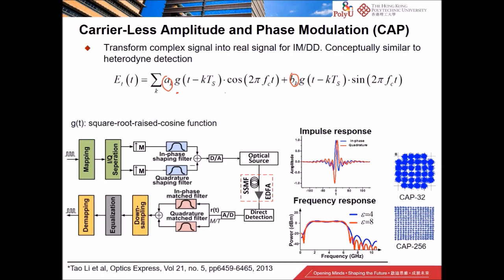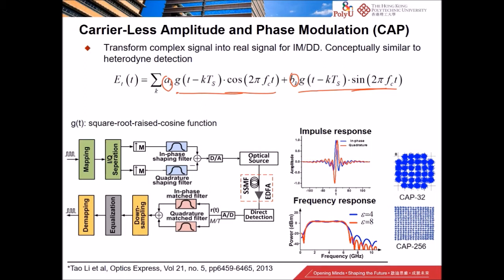And then you multiply it by cosine and sine, so that these two signals form a Hilbert transform pair. Okay, so then you put it in the channel, and then when you detect it, you will be able to recover both A and B. So it's conceptually similar to heterodyne detection.